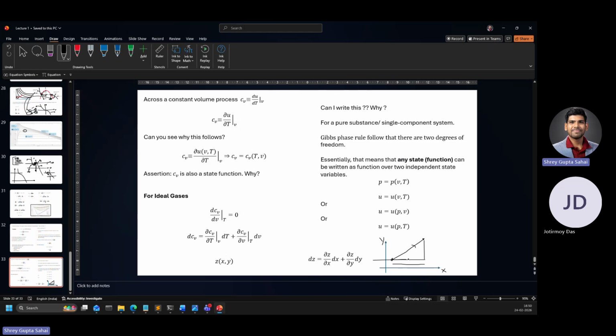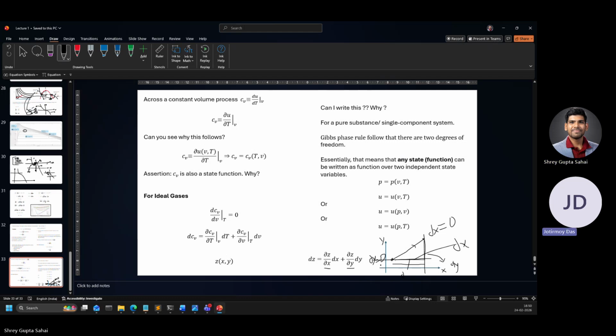Along this route, y is constant, dy is zero, and in this direction dx is constant. Along these lines, the slope will be dz by dx and dz by dy, and these lengths will be dx and dy. Digestible, right?